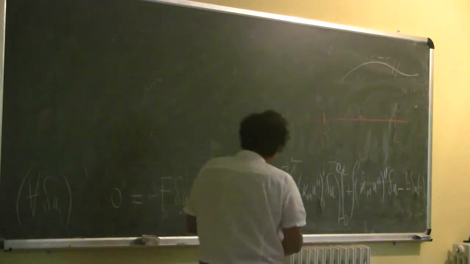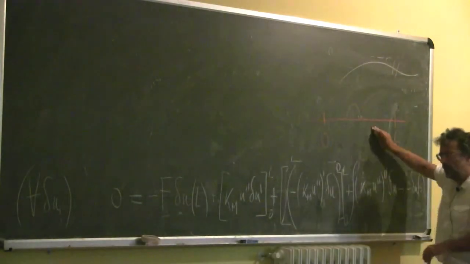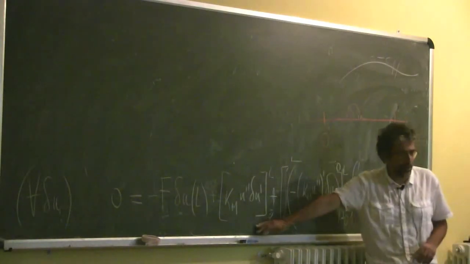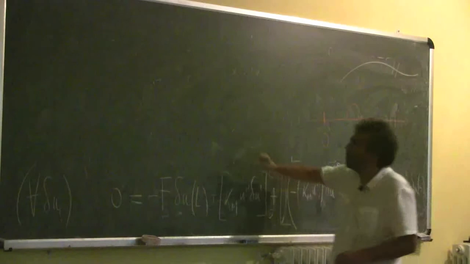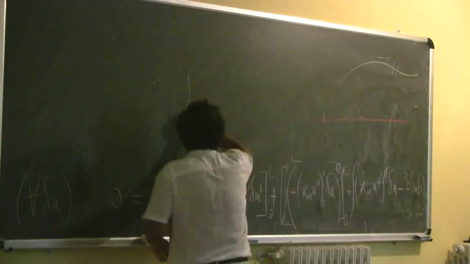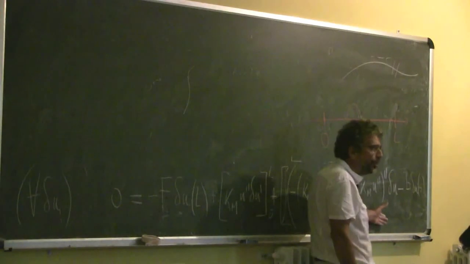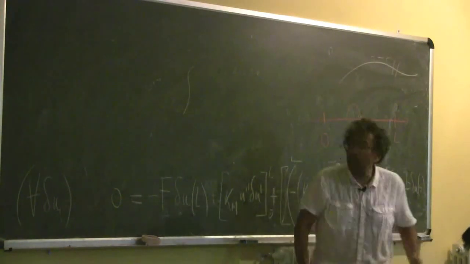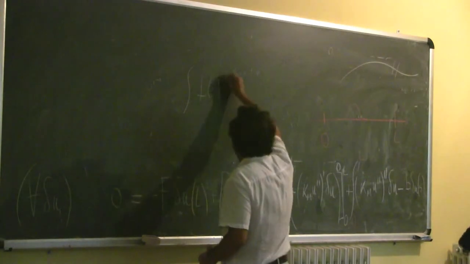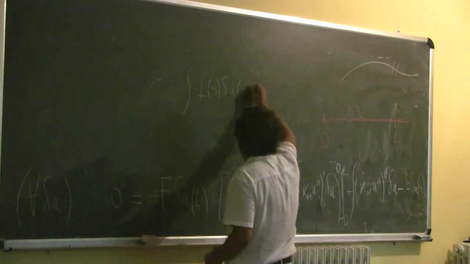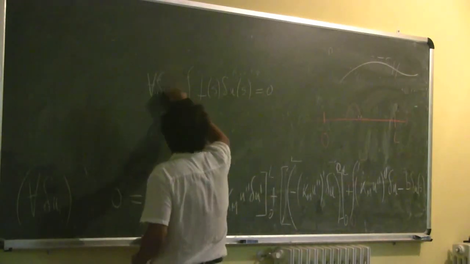So, I choose a particular delta u, these terms are vanishing, I'm left with this expression. The expression is the integral of something, in this moment it is not important what it is, so I call it f of s, times delta u of s, and this has to be 0 for every delta u.